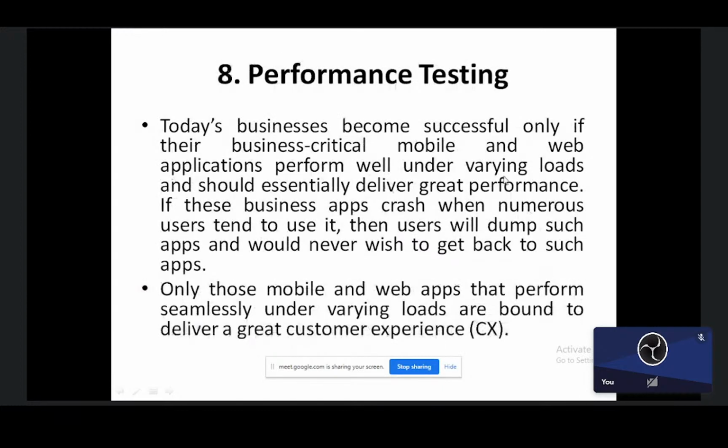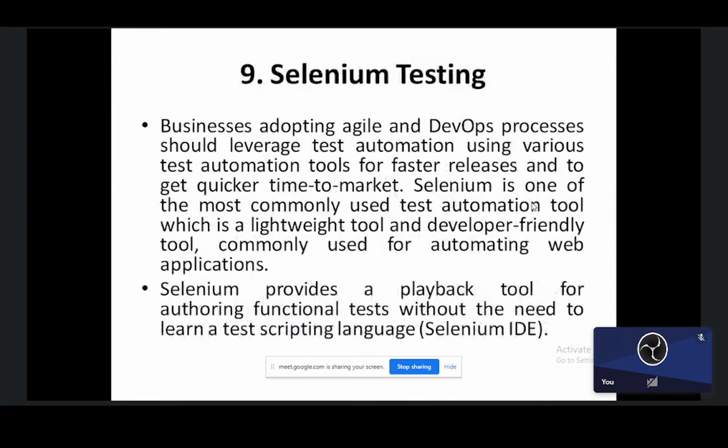And we do carry out performance testing as well, to see the overall performance of how it loads and how it helps people and all. We do Selenium testing, so this is very important. Businesses adopting agile and DevOps processes should leverage test automation using various test automation tools for faster release and quicker time to market.